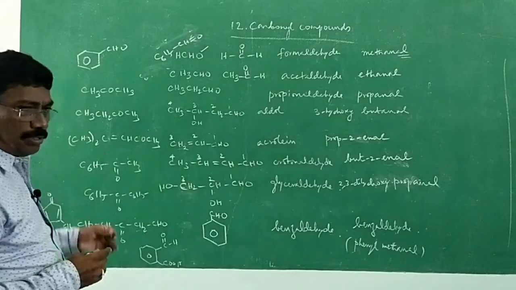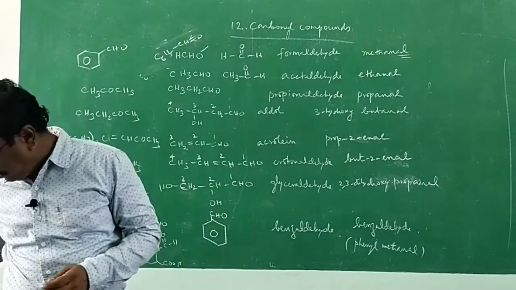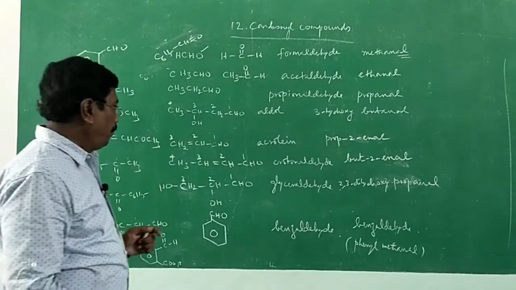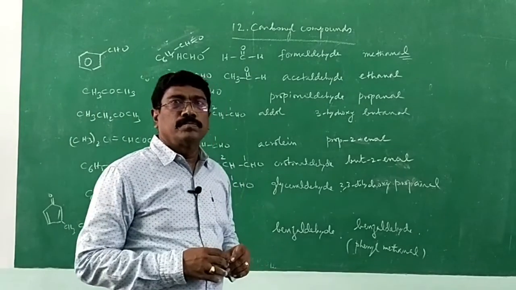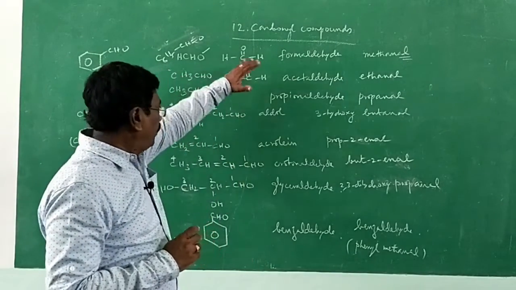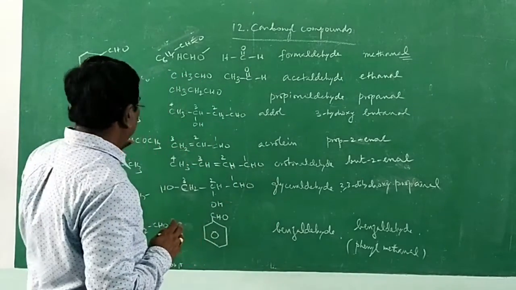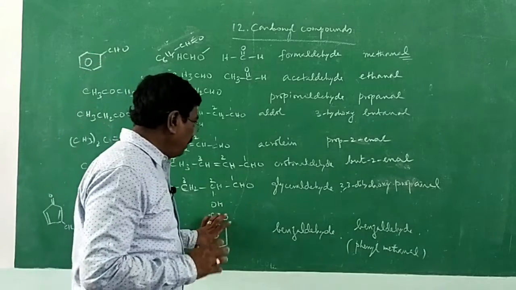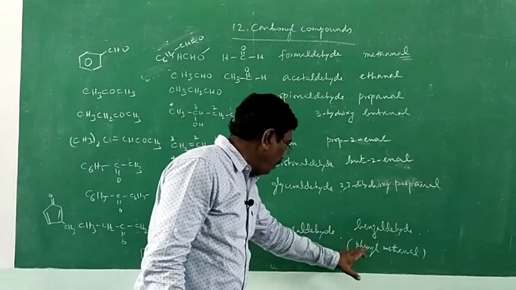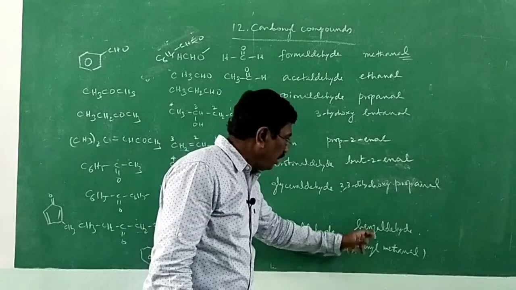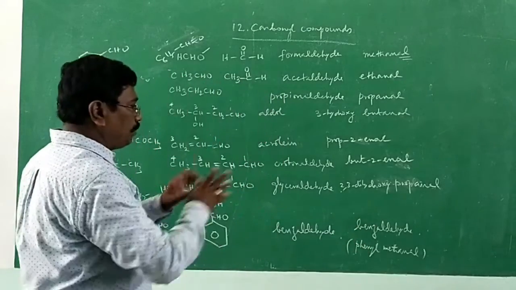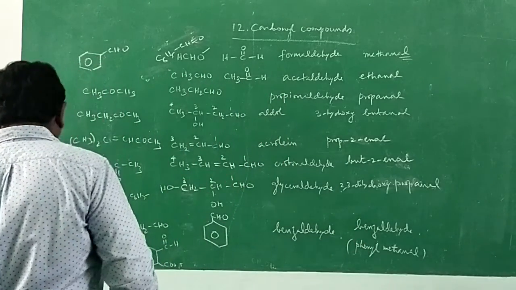So that is about IUPAC names for a few compounds. Alright, so until now we have seen only aldehydes. Benzaldehyde, the preferable IUPAC name may be phenyl methanal as well as benzenecarbaldehyde. Commonly we use benzaldehyde only. Nothing wrong in using phenyl methanal.